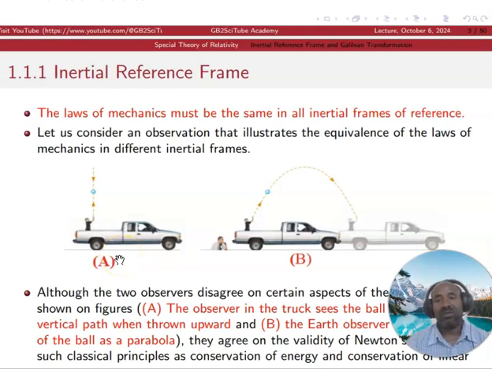But what will happen if the person is outside the car, and the car is moving with constant velocity and the person inside the car is throwing an object upward? The person outside the car observes a parabolic kind of motion, but the person in the car will observe the object's motion upward and downward.